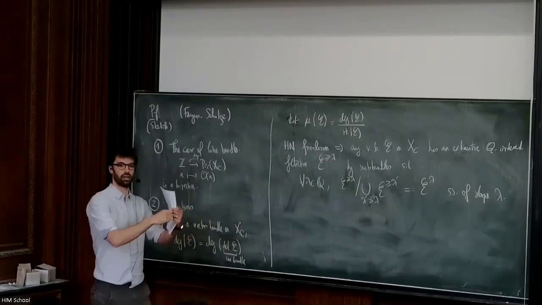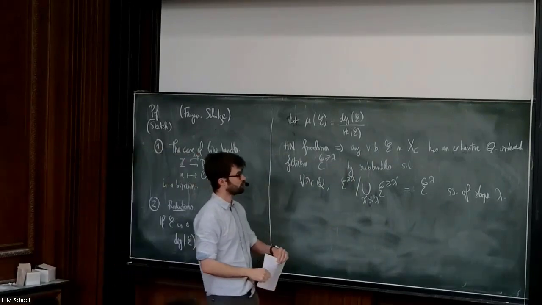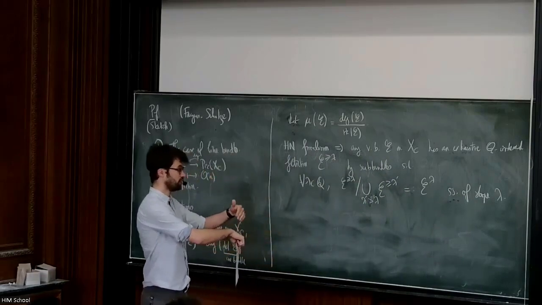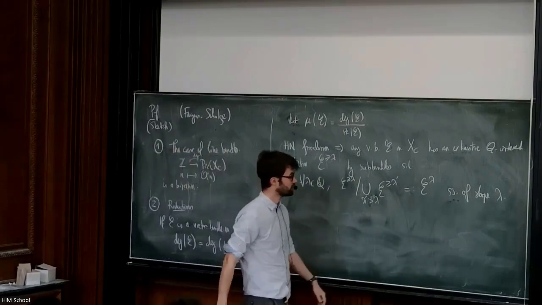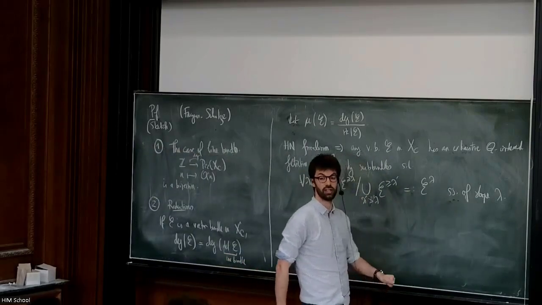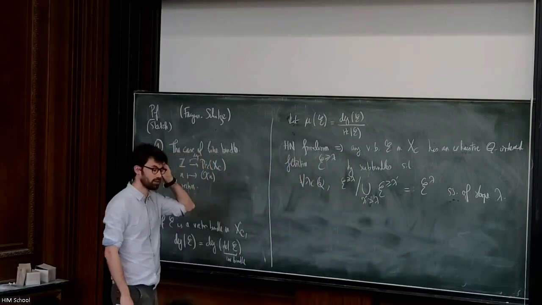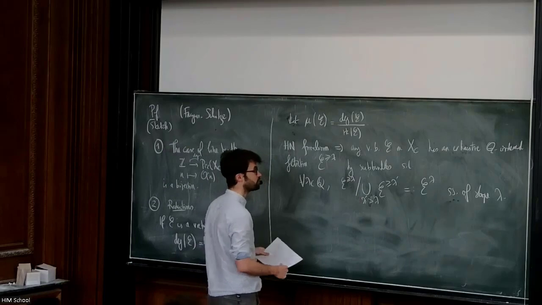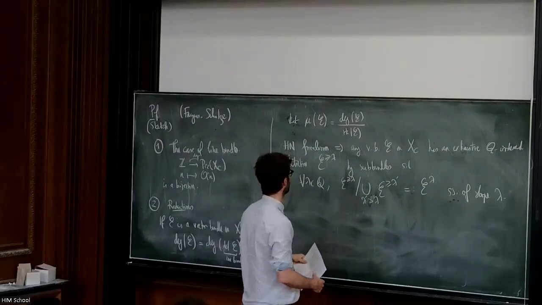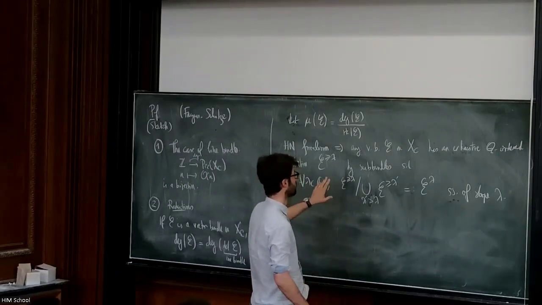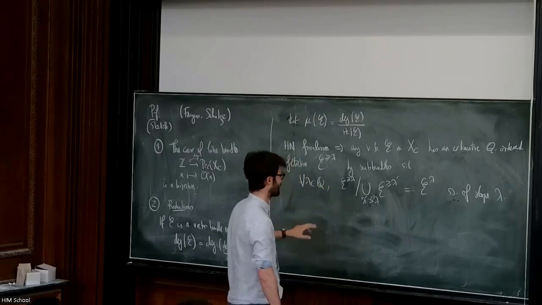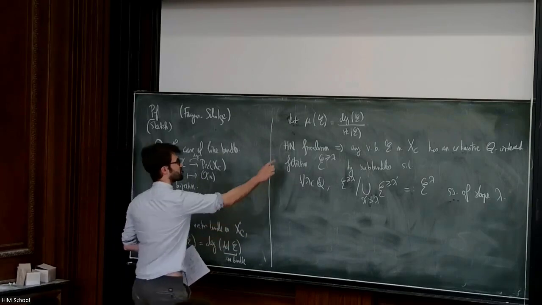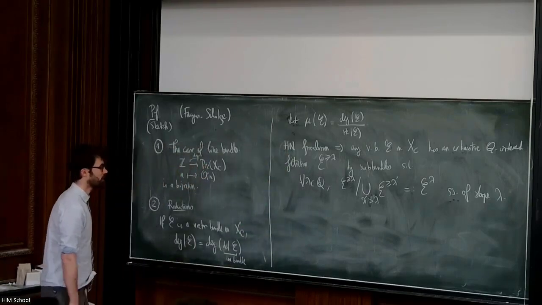So semi-stable, I recall, just means that a vector bundle is said to be semi-stable of slope λ whenever, if you have a subbundle, then its slope is necessarily less or equal to λ. Yeah, this is the Harder-Narasimhan formalism.